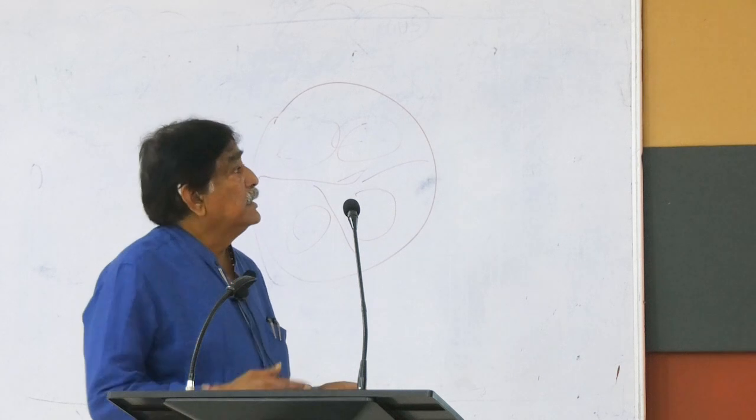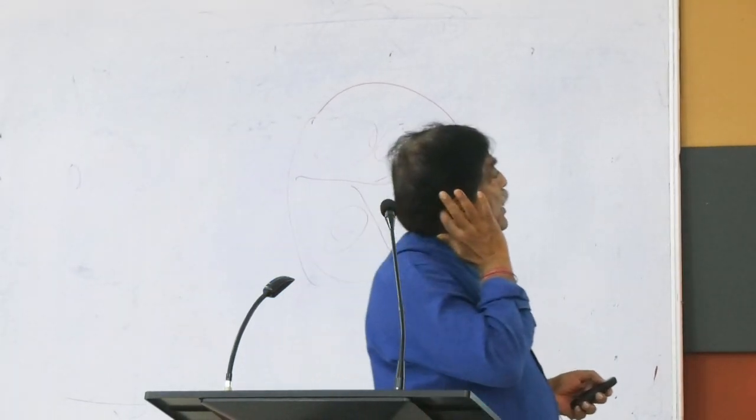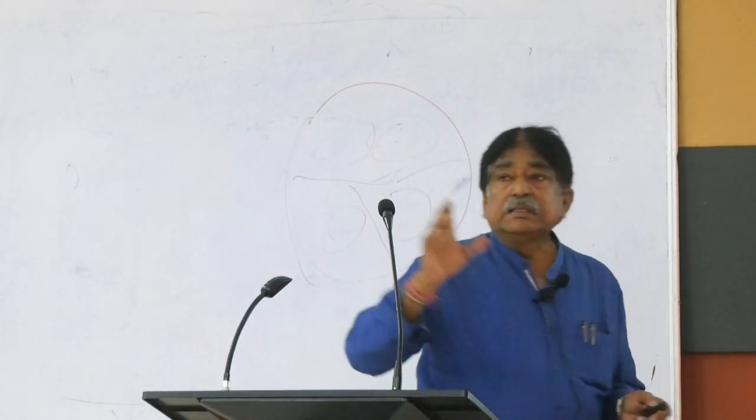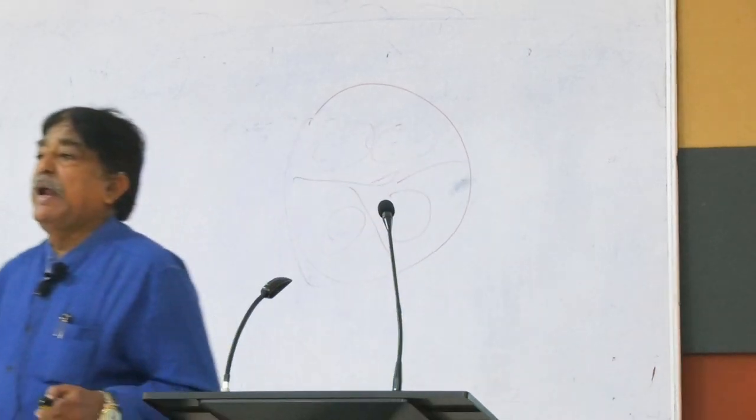So that is sparing. The sciatic nerve is injured, but the femoral nerve is not injured. So the cutaneous supply of this medial area is there. You can elicit it.